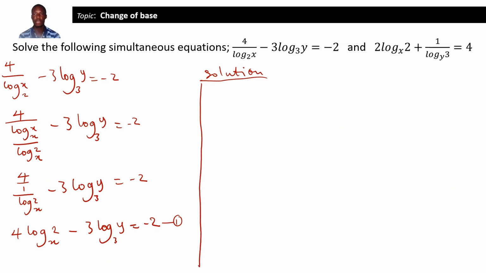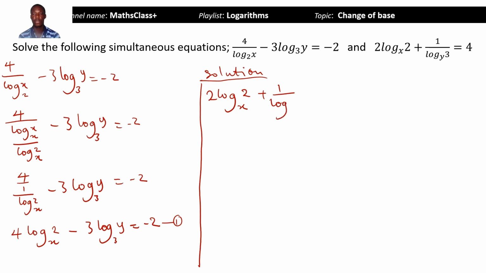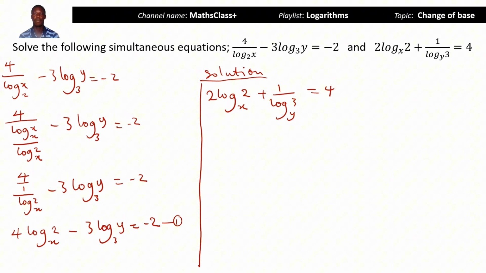Then the second one, I have 2 log 2 base x plus 1 over log 3 base y is equal to 4.